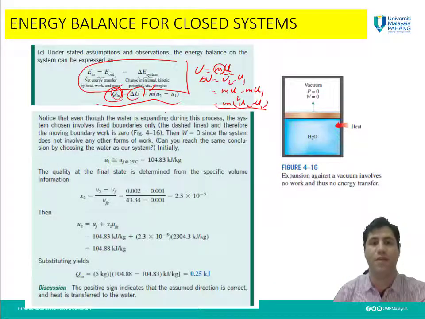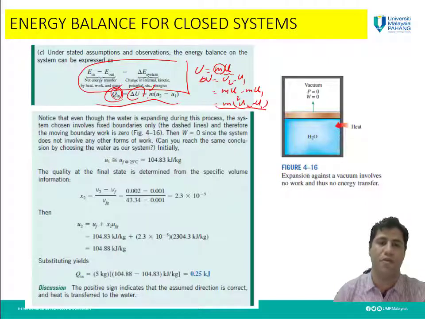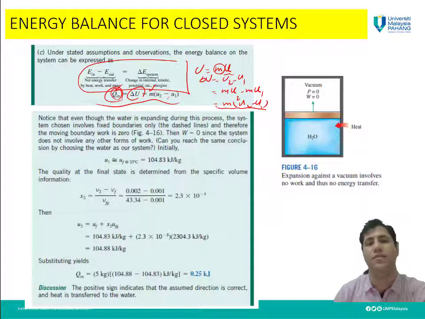So in the initial state, for the system we have compressed liquid water and evacuated space, or only compressed liquid, and in the final state we have a saturated liquid-vapor water mixture. So we can find U2 and U1 for that.